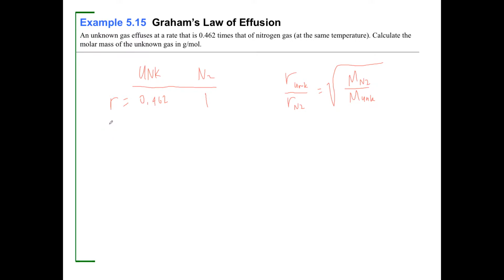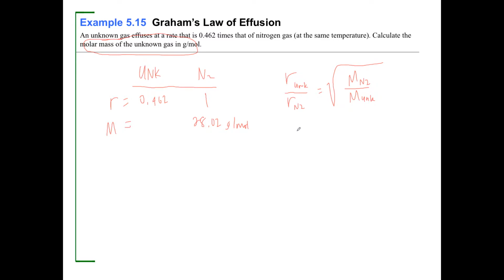That is equal to the square root of the molar mass of nitrogen, which is 28.02 grams per mole. We've looked that up a bunch of times, so I'm not going to look at it now. What I'm going to do is rearrange this equation to give myself the molar mass, because that's what it's asking: what's the molar mass of the unknown gas in grams per mole?